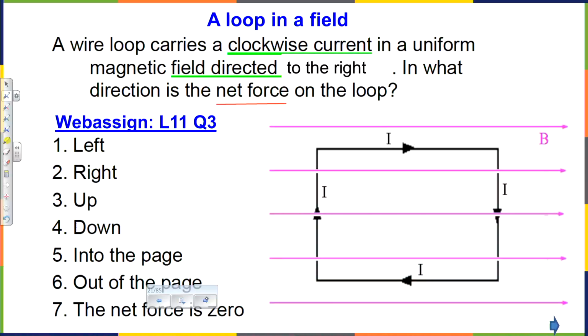And I do have a loop. Connected to a battery. Well, not now. But what's going to happen to the loop? And this is a time when I want to see what you're answering.